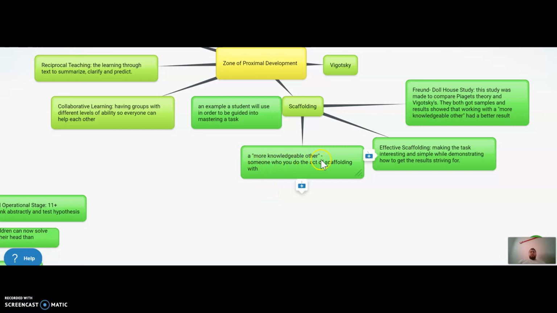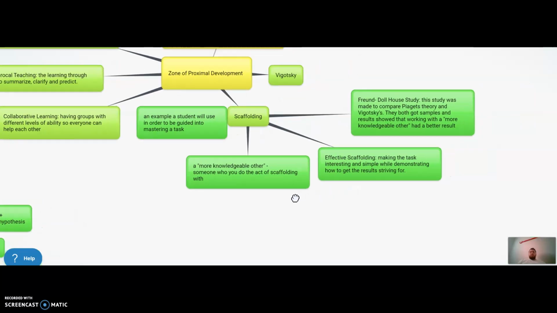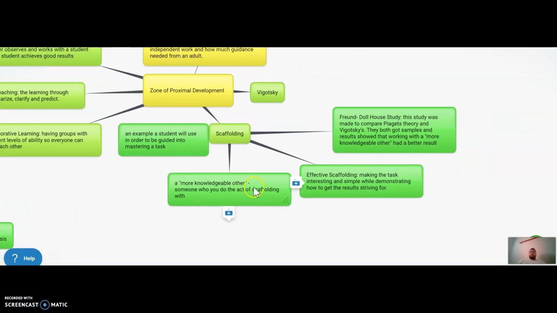So the more knowledgeable other will be someone who you do the act of scaffolding with. So you see how they do it, and then the student or son or whoever will eventually try it again and succeed alone doing that problem.